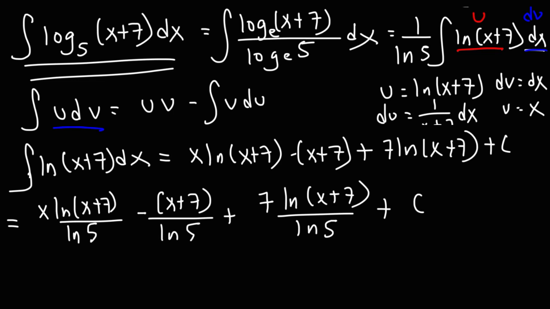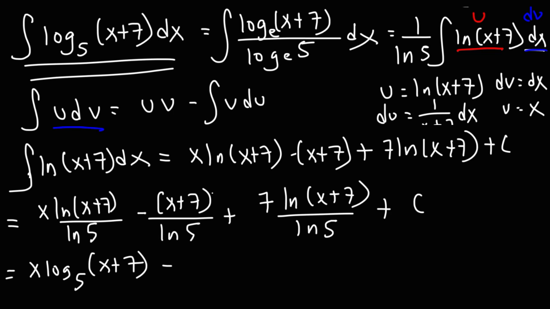If you write c over ln 5, it's still a constant, so you could just make that whole constant c. At this point, our next step is to take the natural log expressions and convert them back into a logarithmic expression using the change of base formula. So ln(x plus 7) over ln 5 is equal to our original expression, which is log base 5 of (x plus 7).